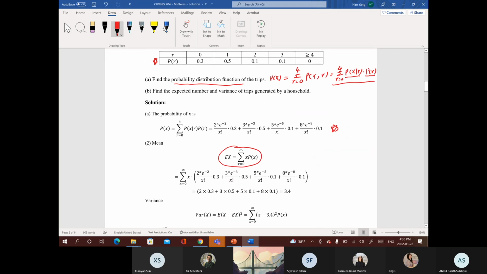Then we have the full expression from the first problem, and as you can see, you can put them into separate components.